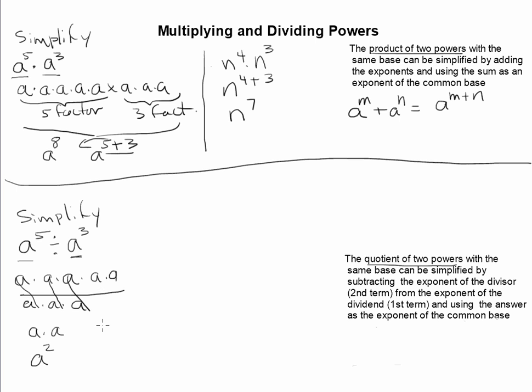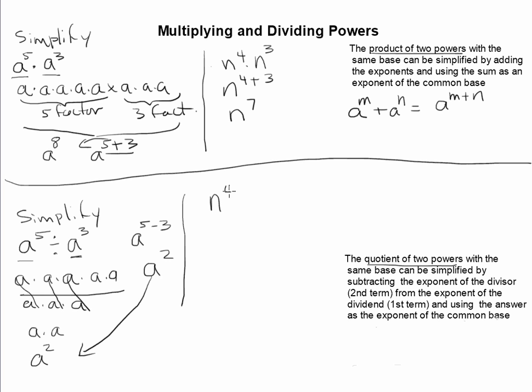Now, what did we do here? If you look, you don't have to expand this every time, because we found a pattern, and the pattern is very similar to the pattern in the multiplying example with the product of two powers, except this time we subtracted our two exponents to give us our result.